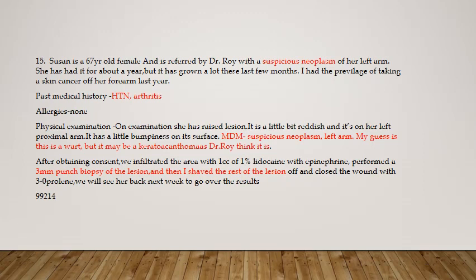Now go and take your MDM table. First identify the problem. The problem here is a suspicious neoplasm, which can be a wart or keratoacanthoma. Which section of the problem table does it come under? It comes under one undiagnosed problem with an uncertain prognosis, because the final diagnosis is not given, only differential diagnoses are given.